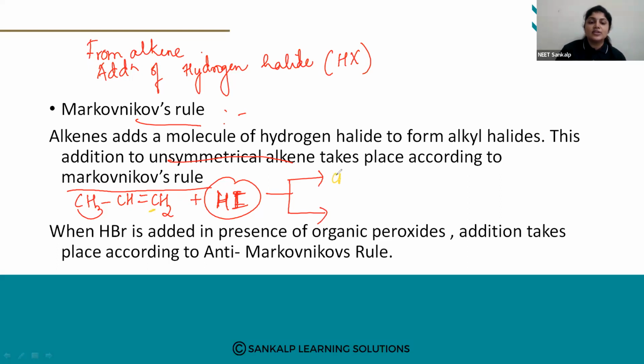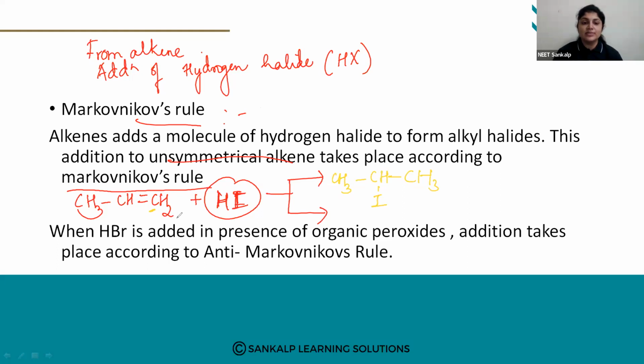So CH3, the other part will remain the same. Only the change will be across the double bond. So it will be CH3, and this will be CHI. Okay, so this is the rule.